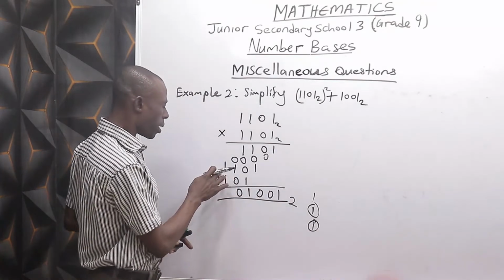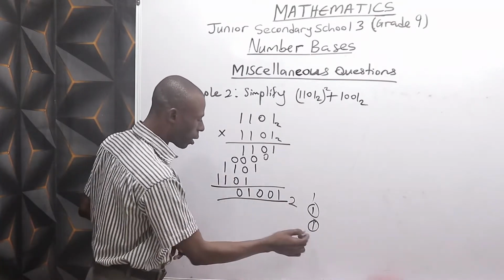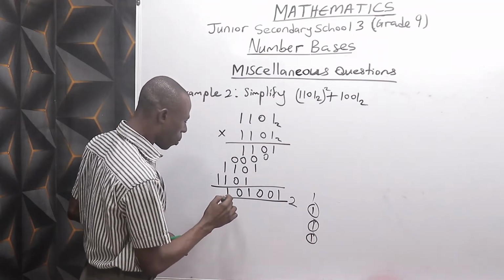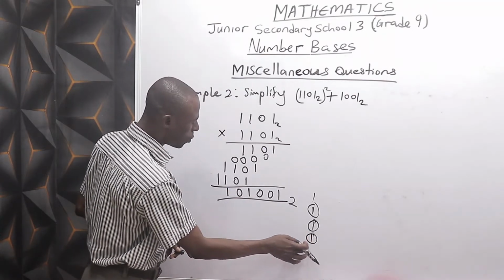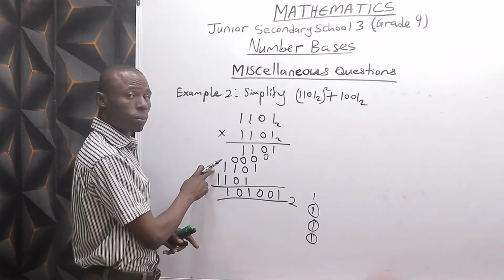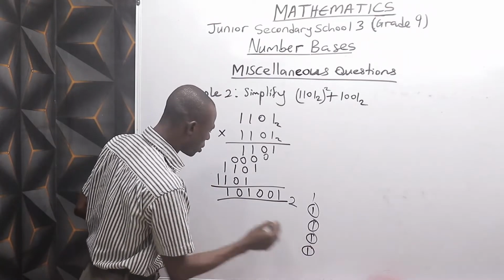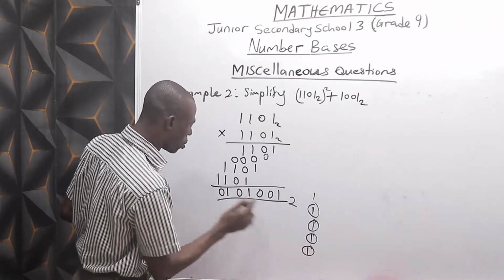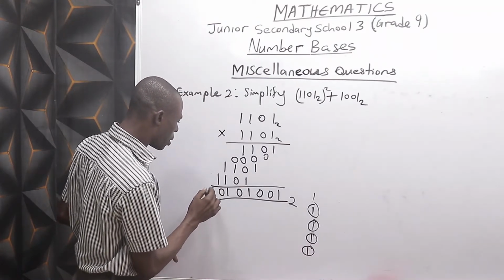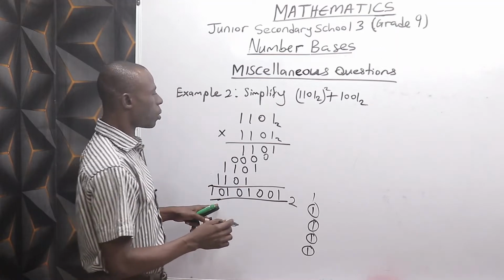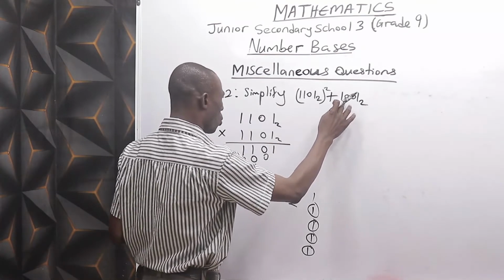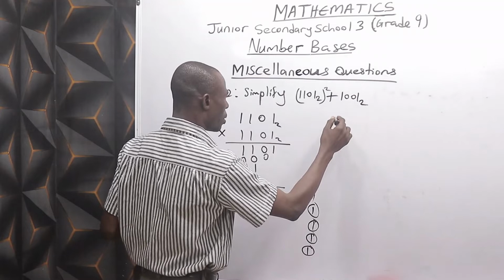We had the 1 here, making 3. 2 in 3, 1, remainder 1. This 1, we had it here, making 2. We cannot sustain 2. 2 into 2, 1, remainder 0. So this last one had it here. So this is what we have to add to 1001.